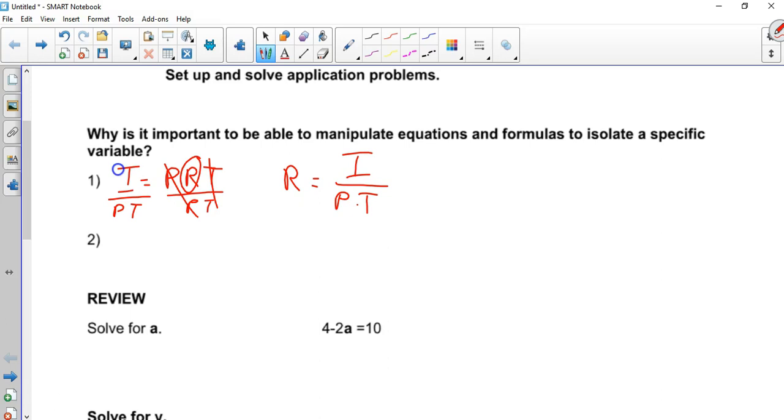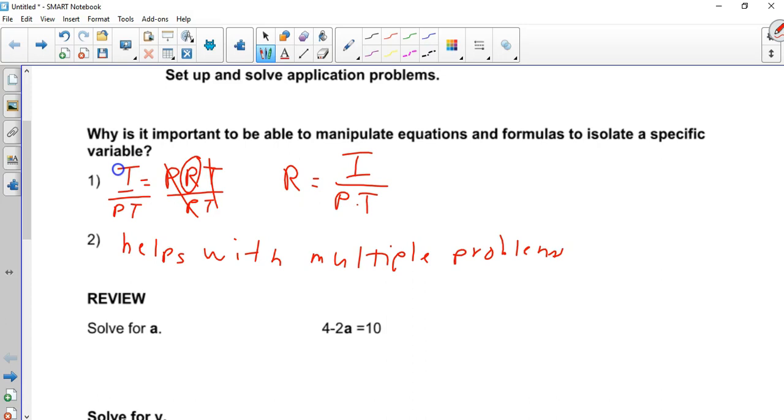Now, it's not a big deal when you only have one to do, but it helps when you have multiple problems. So let's say you were solving 10 problems for rate, and another 10 problems for principal, and another 10 for time.